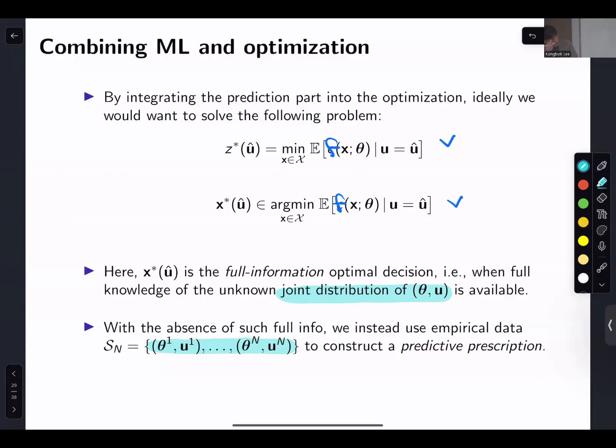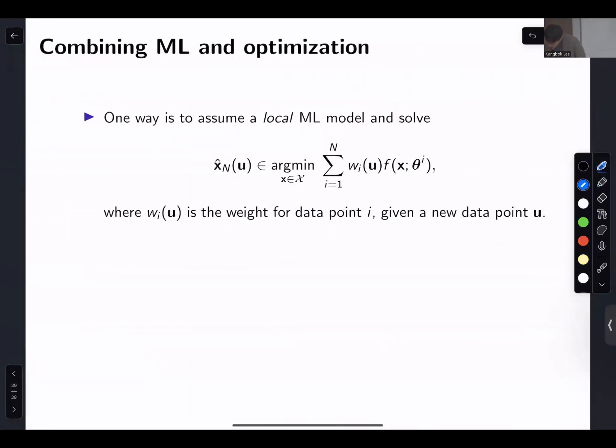Another stream of research that has been quite popular is, well, actually, given a new theta, what you can do is you can search, or given a new u, right? U is the contextual data, right?